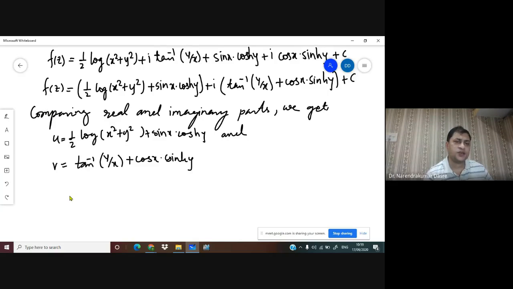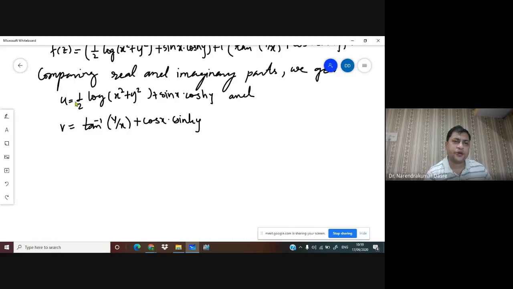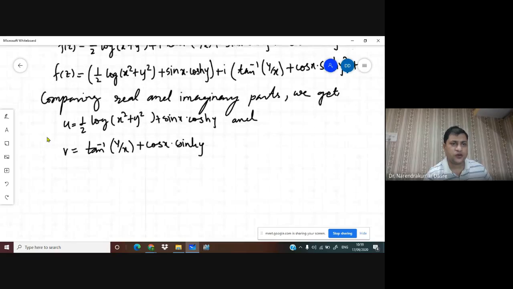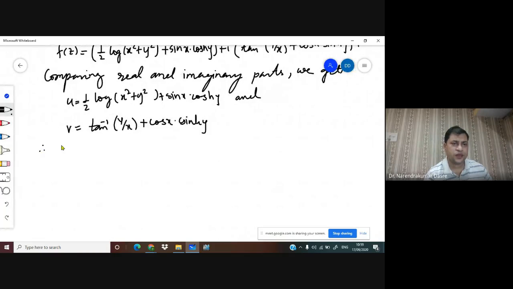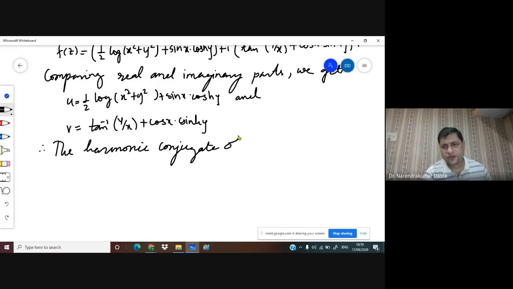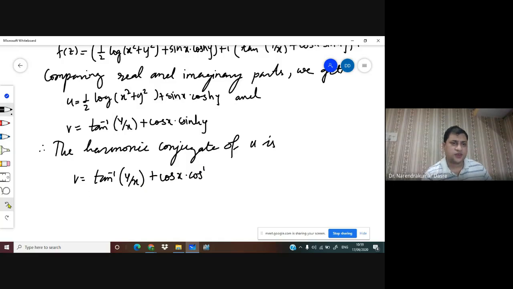And hence we can say v is the harmonic conjugate of u. So the harmonic conjugate of u is v is equal to tan inverse of y by x plus cos x sin hyperbolic y.